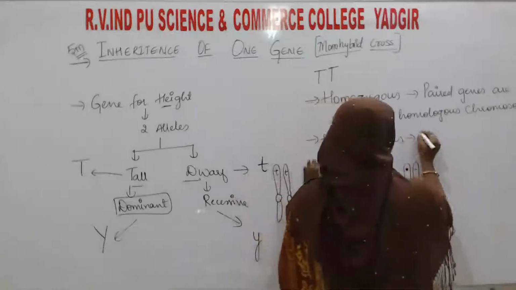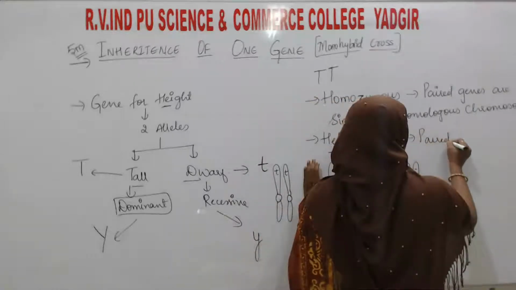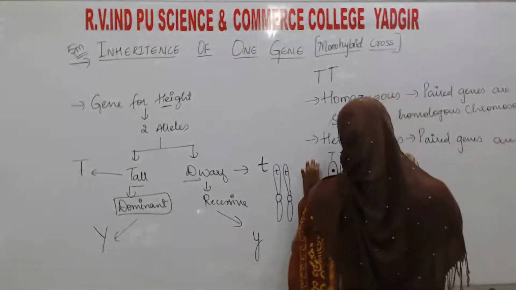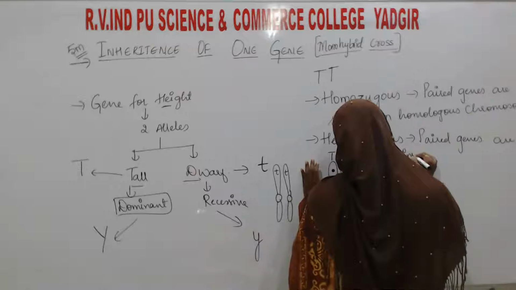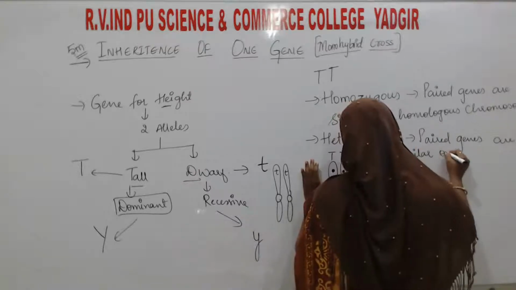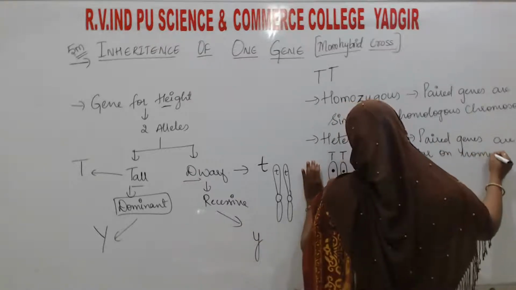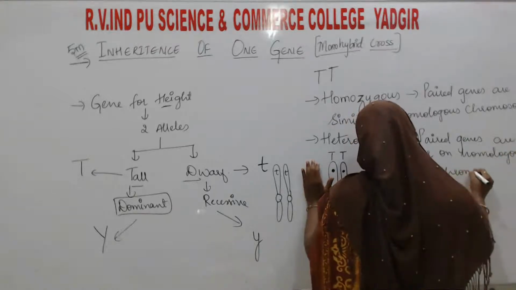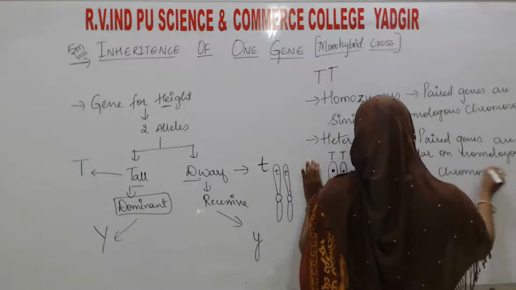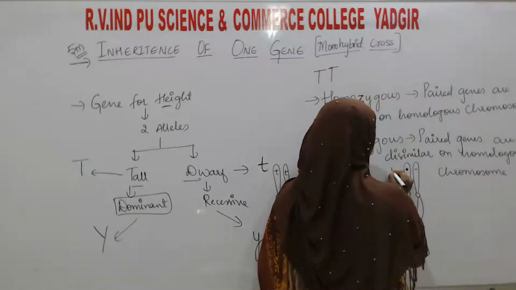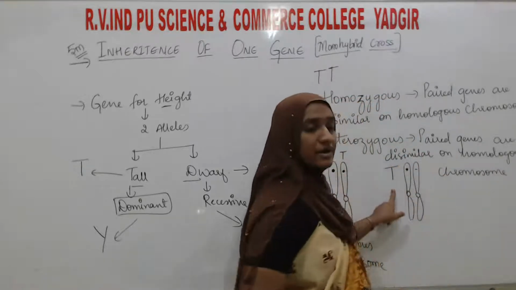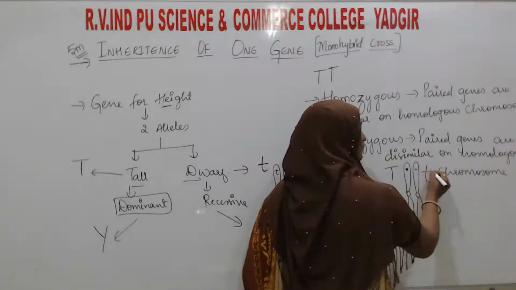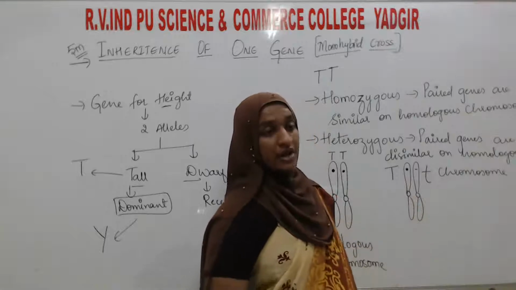Here is a condition where paired genes are dissimilar on homologous chromosome. For example, the rounded one we can represent with a capital T, and the slanted one we can represent with a small t, because it is different.